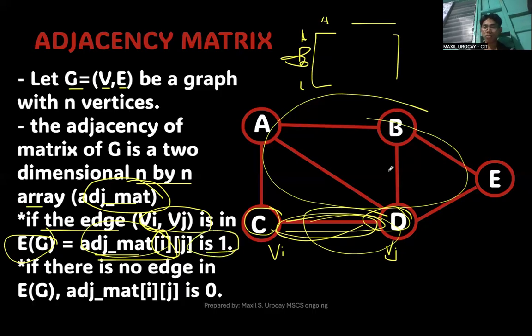It will return one. So if A to B, say for example, it must be 1 here. Let's check that later on.